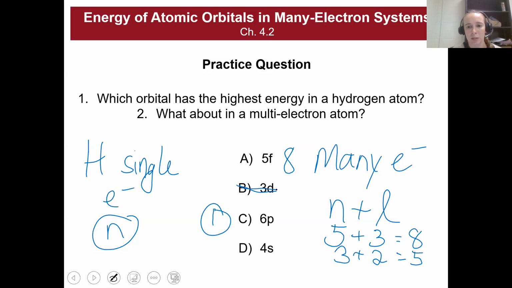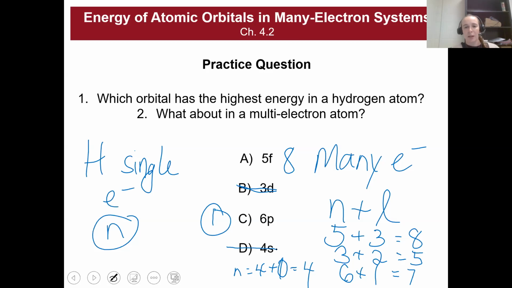We've got N equals 6, and the P corresponds to when L equals 1. So that one's 7. And then 4S is going to be N equals 4 plus the S orbital is L equals 0. So that one's 4. So 4S is the lowest energy in our multi-electron atom, even though 3D is lower energy in the hydrogen atom.